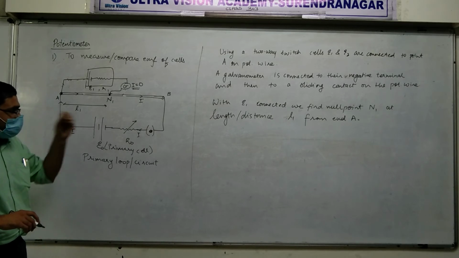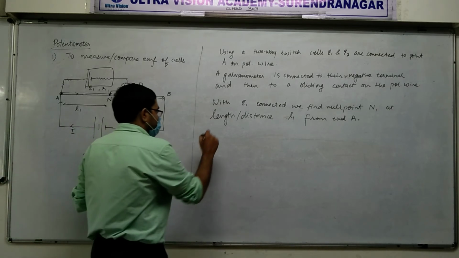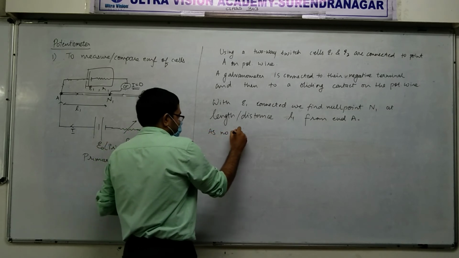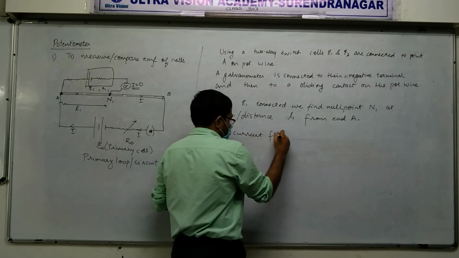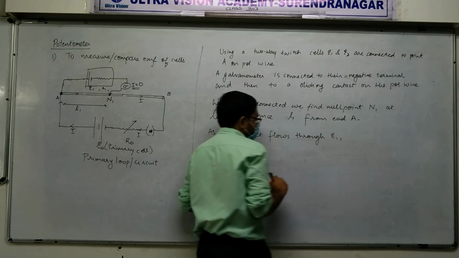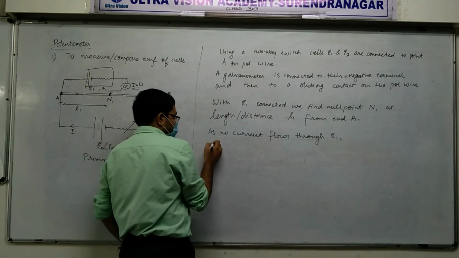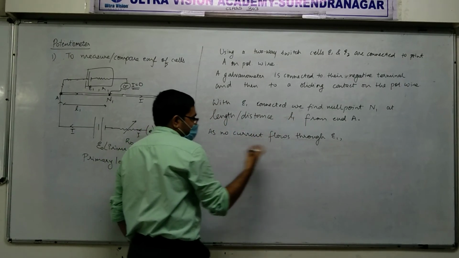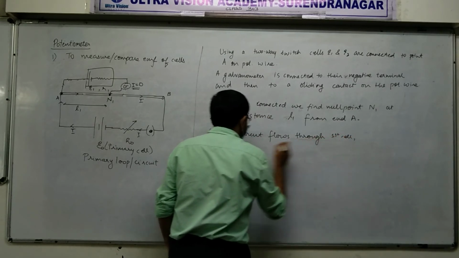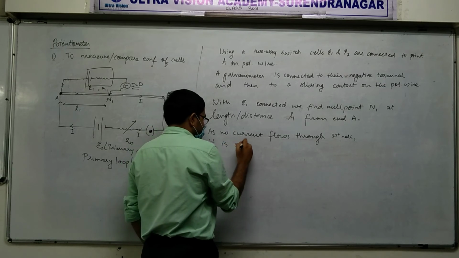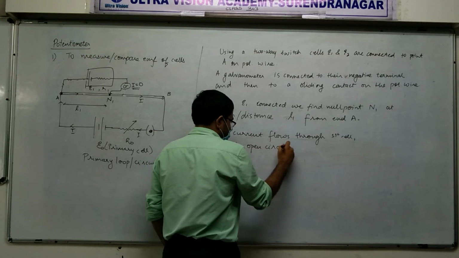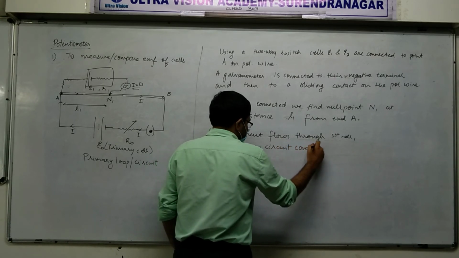Now let's write some relations. As no current flows through epsilon 1, that is, no current flows through the first set, it is in open circuit condition.